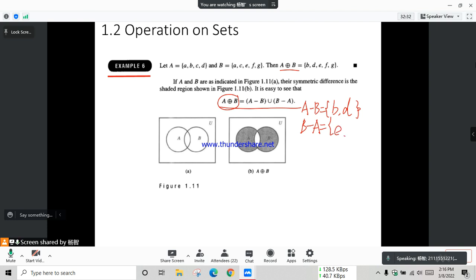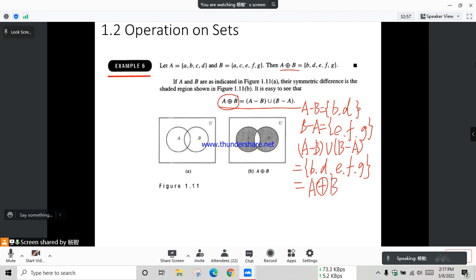E, F, G. So A minus B union B minus A equals what? B, D, E, F, G, which is equal to the symmetric difference between A and B. That's the answer of this example. Is that right?